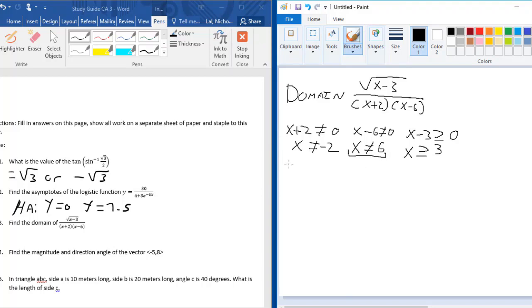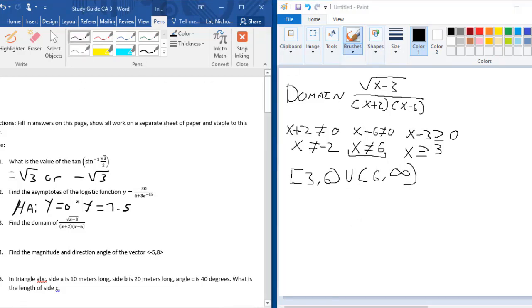So how this would look in interval notation: we go from 3 inclusive all the way up to 6, but we cannot include 6. Then we have a union, and we go from 6 to infinity, and this defines the domain of this function.